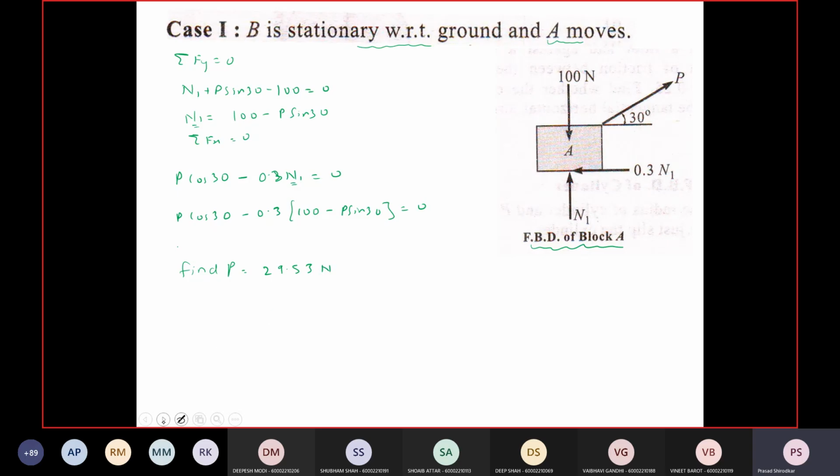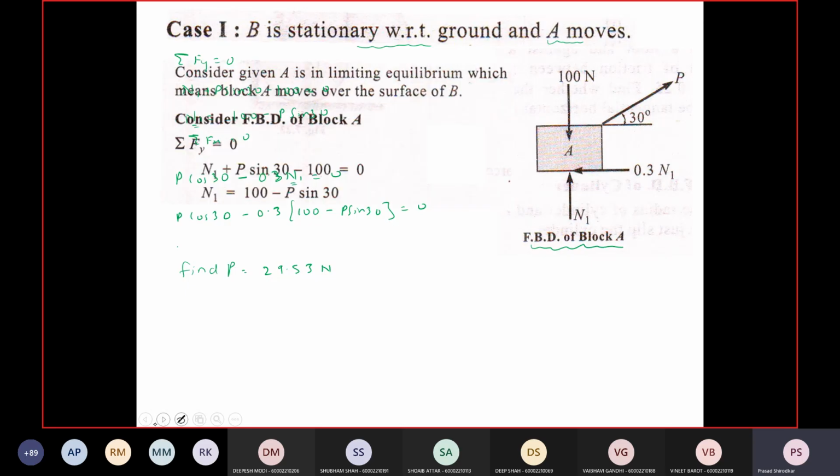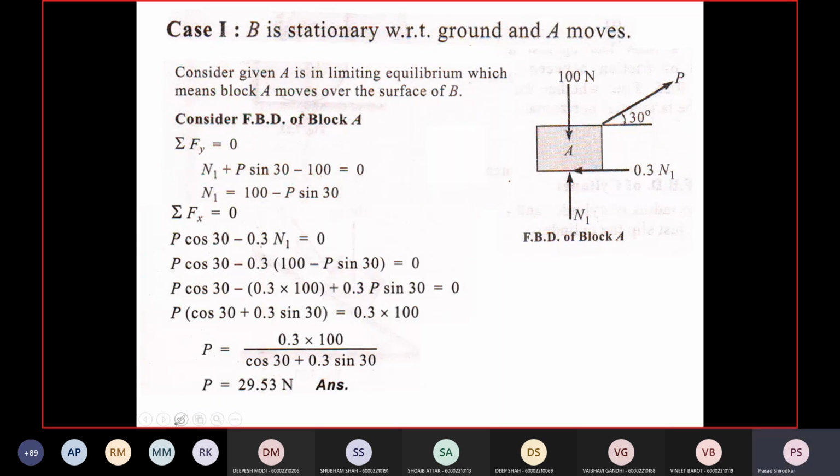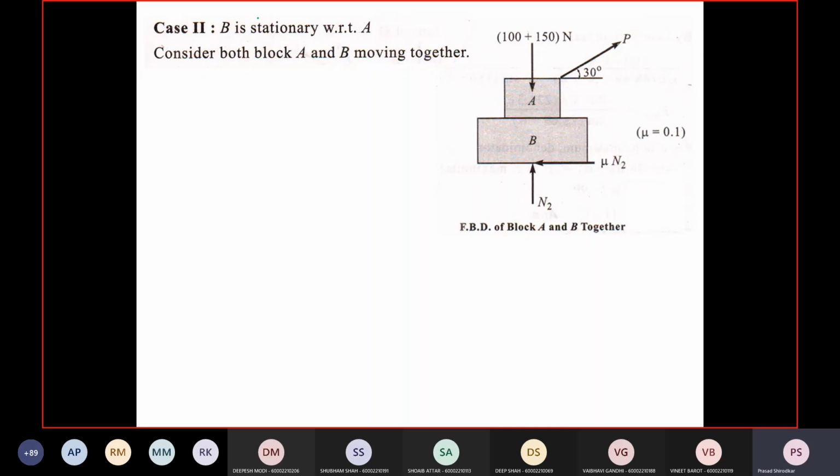So now we'll consider the second case where both these blocks are moving. Both A and B are moving together and we'll solve for it. Again normal reaction, in this case I will use a different notation, N2, and the friction force mu N2. And total weight vertically down will be the weight of both the blocks, 100 plus 150.